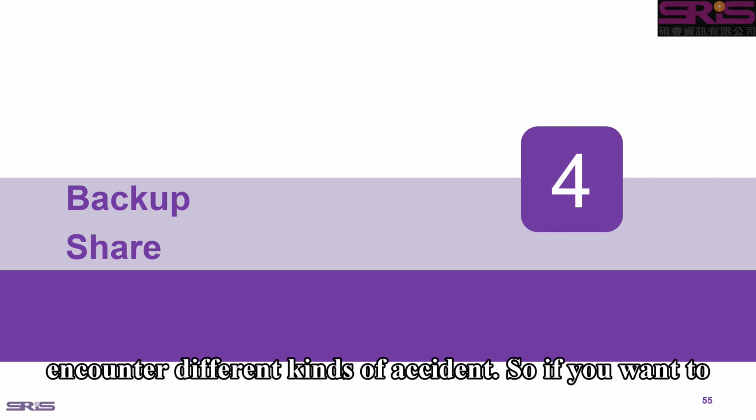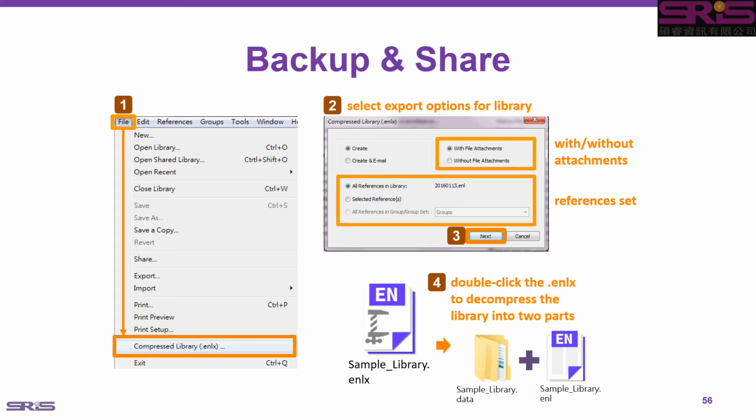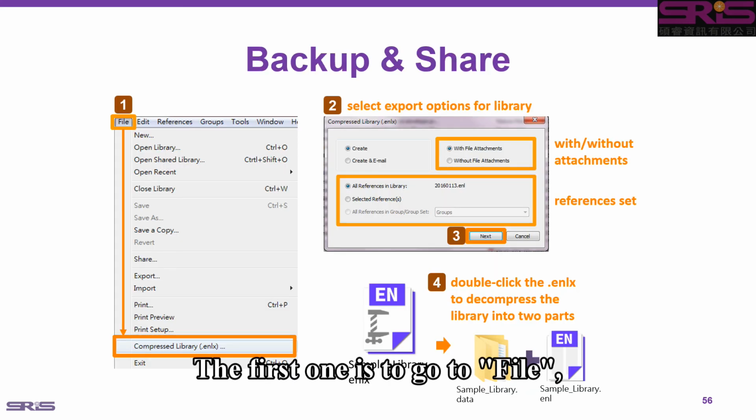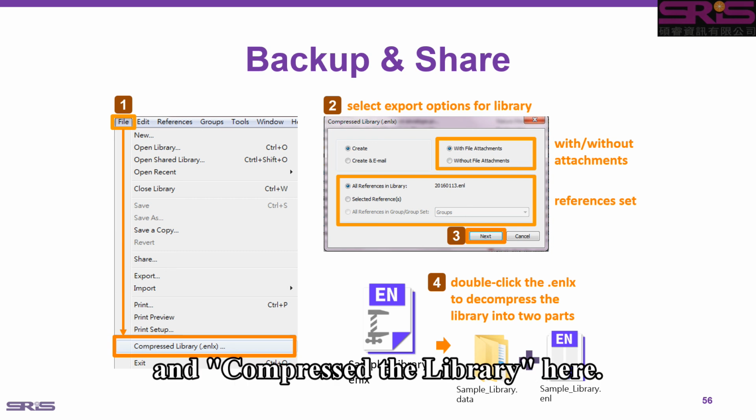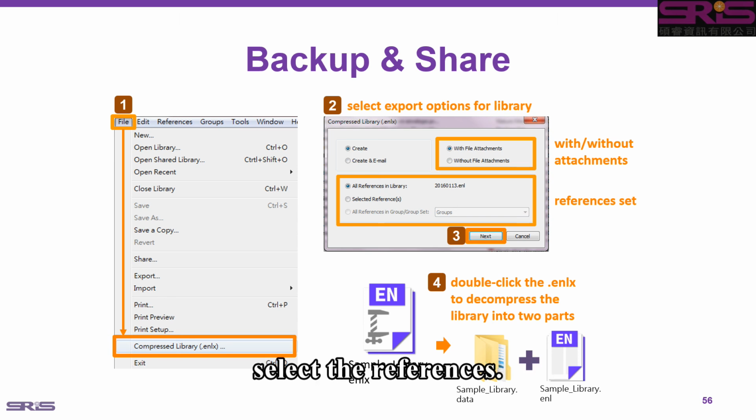So if you want to have a copy of your library, we have a couple of ways to do so. The first one is to go to File and compress the library here. Then you can choose whether to attach your file or select the references.